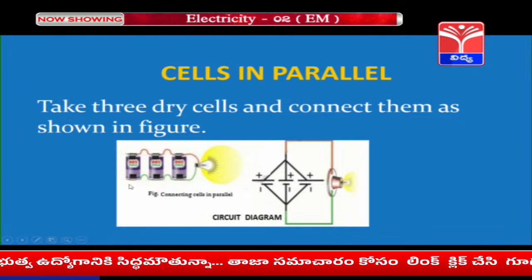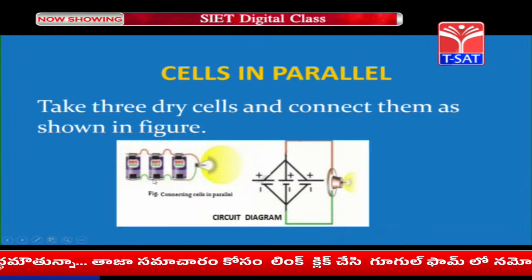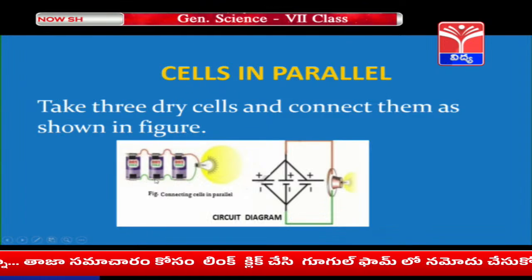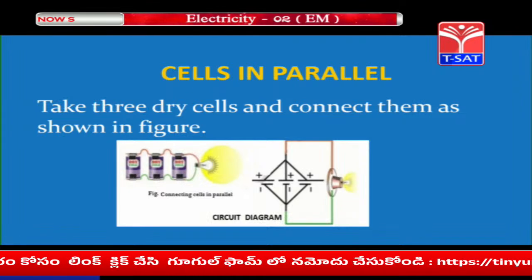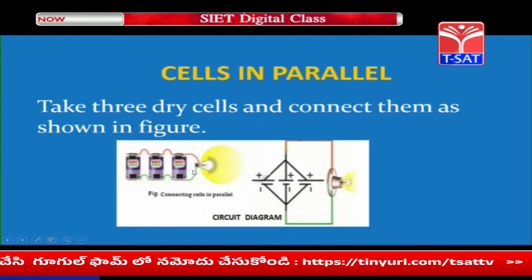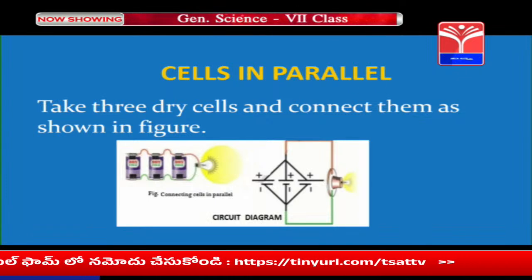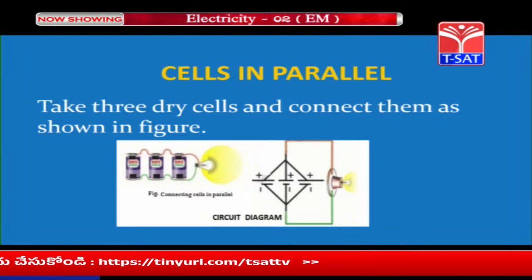Second, the negative terminal of the first cell is connected to the negative terminal of the second cell, again it is connected to the negative terminal of the third cell, and again it is connected to the bulb. Such an arrangement is called parallel arrangement. Here we are connecting all the cells in parallel.